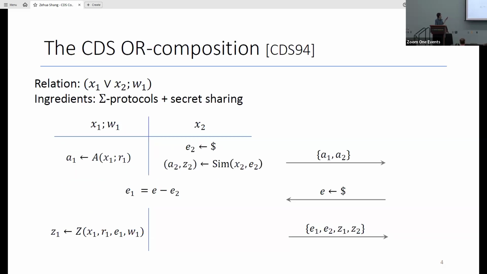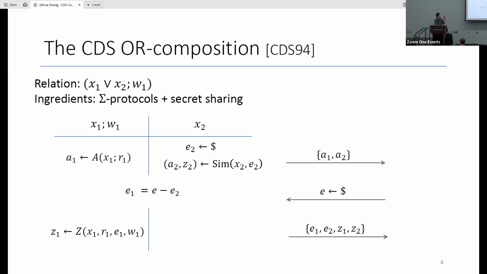Next, let's take a look at this OR composition. So this kind of OR composition will work when we want to prove the relation that we know one witness out of two statements. And the general idea is that for the statement that we know the witness for, we run the Sigma protocol honestly.